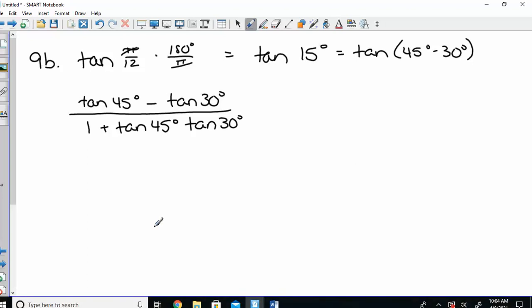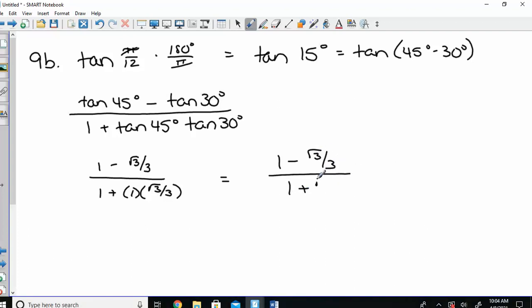So if you fold in 45, tangent is radical 2 over radical 2, which is 1. Tangent of 30 is radical 1 over radical 3. So that's radical 3 over 3 over 1 plus 1 times radical 3 over 3. I have told you that on these I would let you leave the radical on the bottom, but I did ask you to not leave a fraction in a fraction.